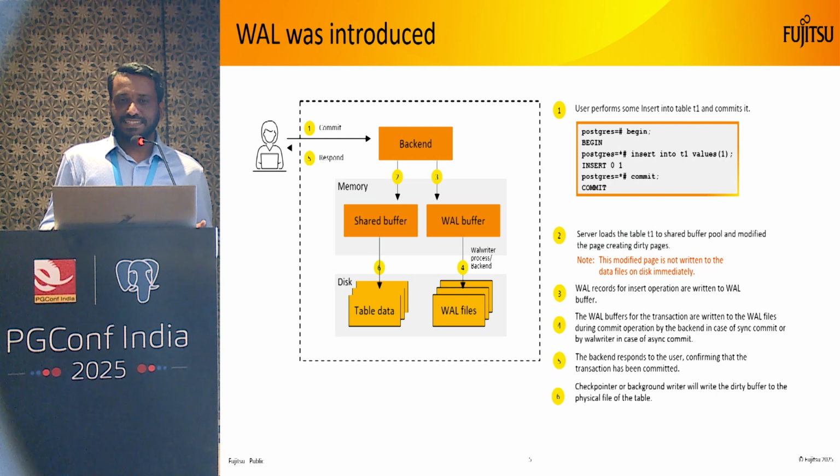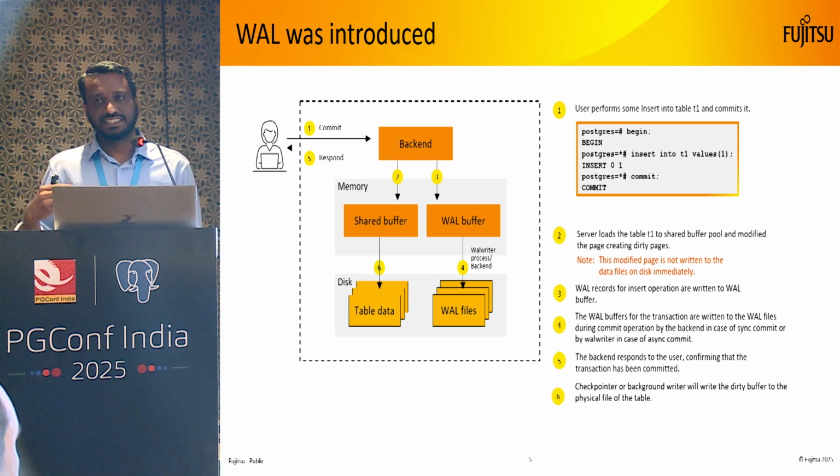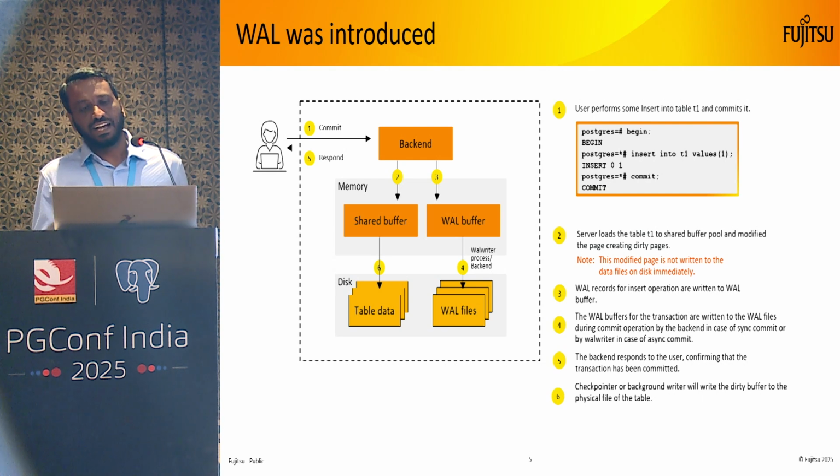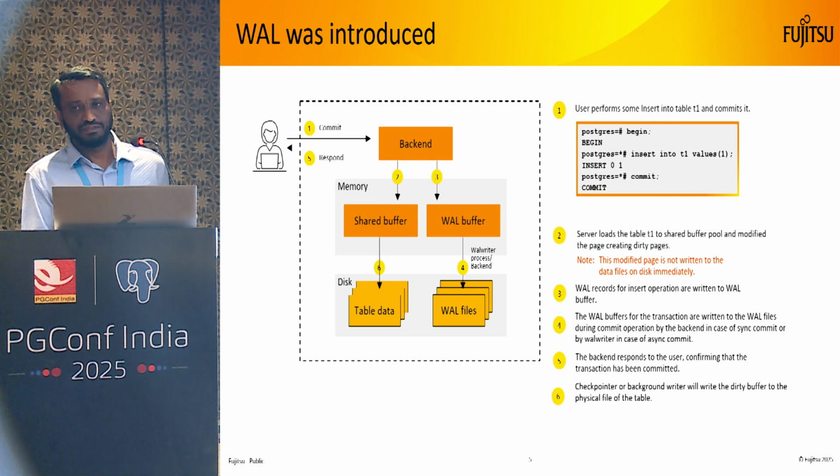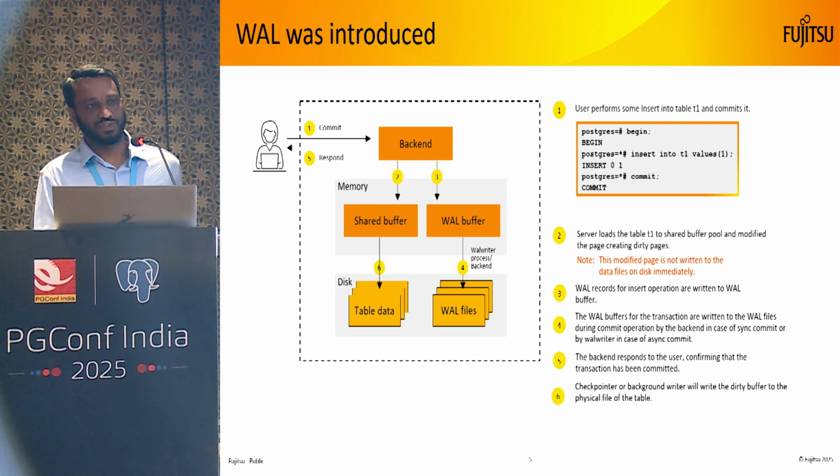Like this, for any number of table changes and each of the update operations that is happening, we will do the changes in the WAL buffer. This WAL buffer is sequential content. Now when commit happens, these sequential changes will be flushed to the WAL file, and the commit operation is successful.